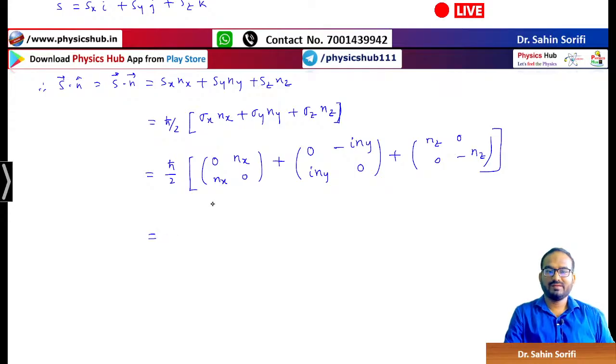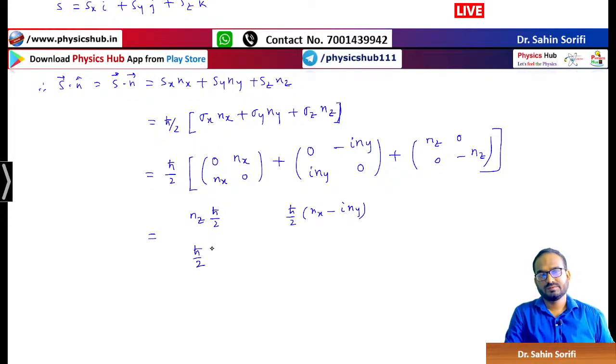Now multiply everything: 0 plus 0 plus nz, so nz h cut by 2, this will be the first term. The next term is nx minus i ny, with h cut by 2. Then nx plus i ny, with h cut by 2, and the last term is minus nz h cut by 2.